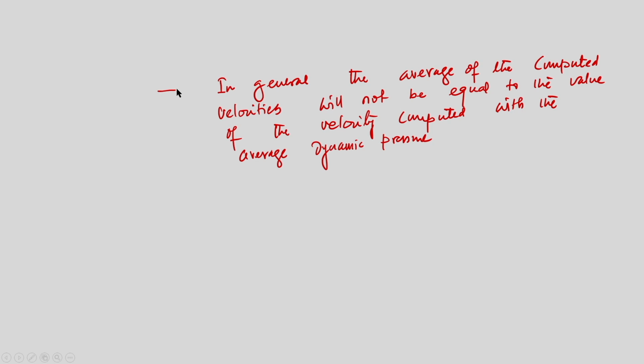That means, the average of the computed velocity will not be equal to the value of velocity computed with the average dynamic pressure. So, this is in general.